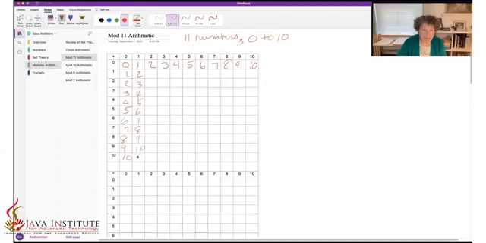Now, to get the addition, it's really easy because I know there's a pattern. It's going up by 1 each time. But of course, when I get to 10, the next one isn't 11, it's 0. And when I add 6 and 6, I'm not going to get 12, I'm going to get 1. Oops.